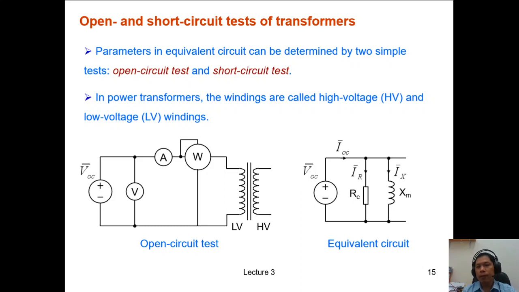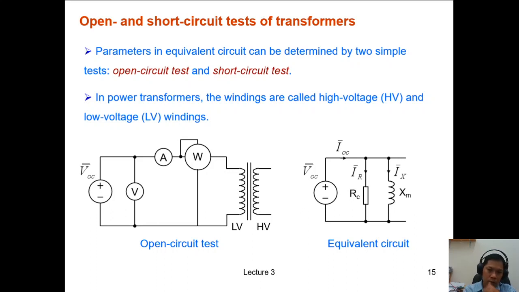We need to perform 2 simple tests: the open circuit test and the short circuit test. In a power transformer, we call one winding with higher voltage the high voltage winding, and the other one the low voltage winding, so HV and LV.